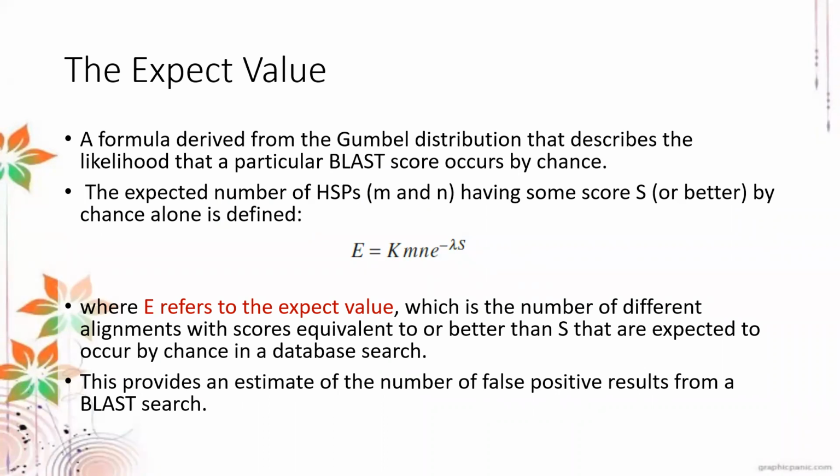The expect value tells us the probability that this is random, that you just won the lottery randomly. It has a very good alignment, but it's just random.